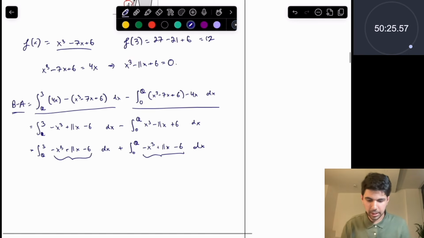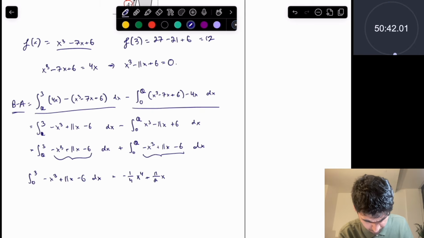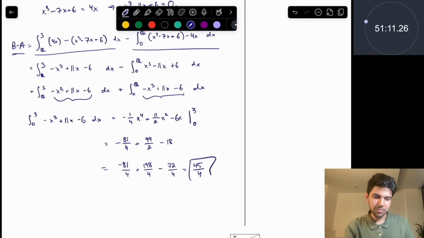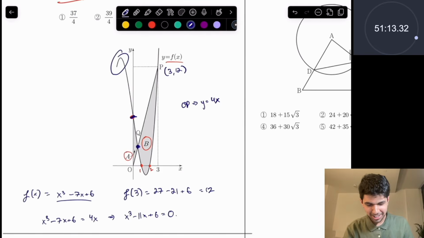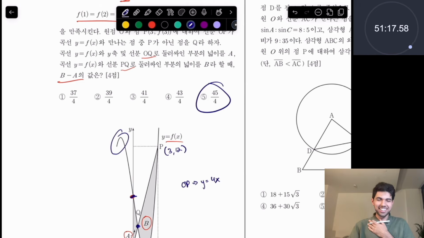And now we can just say we're looking for the integral from 0 to 3 of negative x cubed plus 11x minus 6 dx. My answer is 45 over 4. Oh, it's an answer choice.